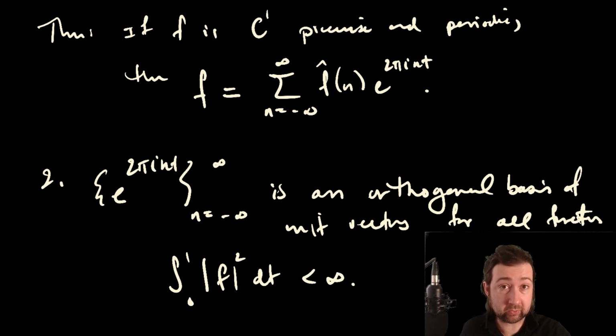That's an even bigger expansion theorem because that means that we can go way beyond C1 piecewise and periodic and say that there's an enormous family of functions that are also subject to Fourier expansion.